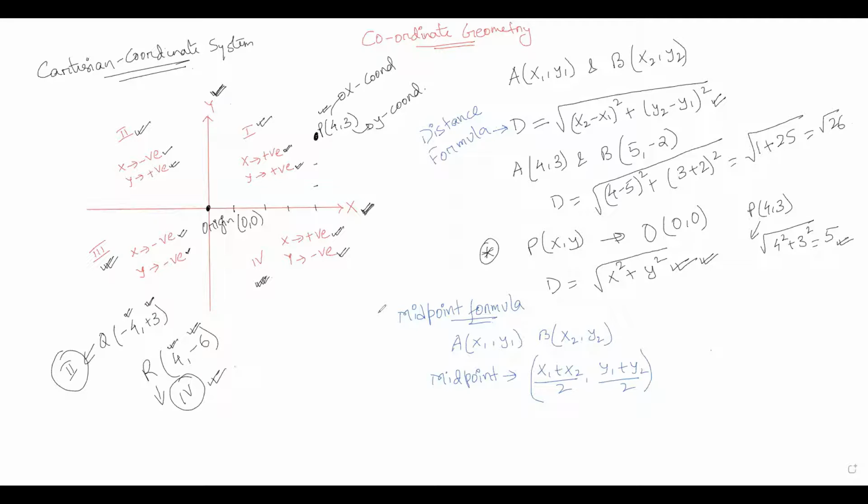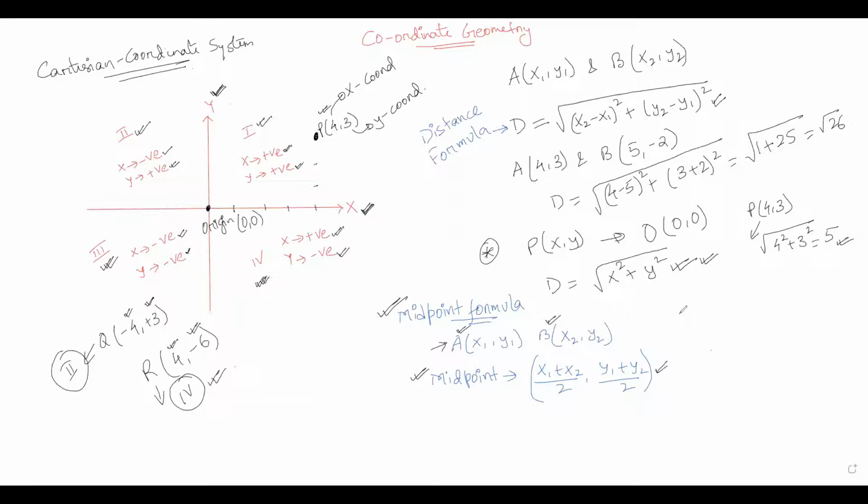Also, there is a midpoint formula. Suppose I have two points A and B whose coordinates are x1, y1 and x2, y2. And I want to find the coordinate of the midpoint of these 2 points, that is A and B. That midpoint formula is given by (x1 plus x2) upon 2 and (y1 plus y2) upon 2.